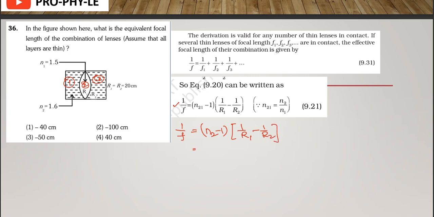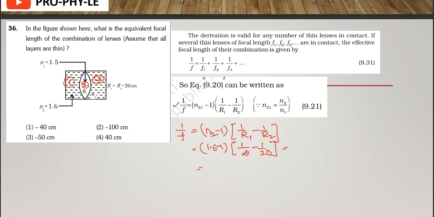Here N2 is given as 1.6, minus 1, into (1 by infinity minus 1 by 20), because one is a plane surface and the other one is a curved surface.